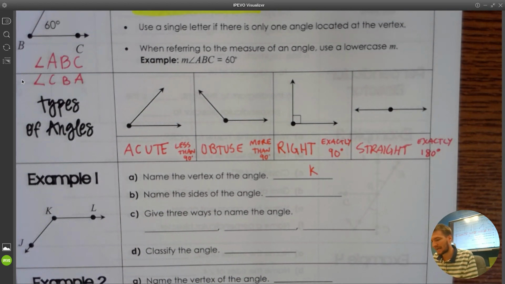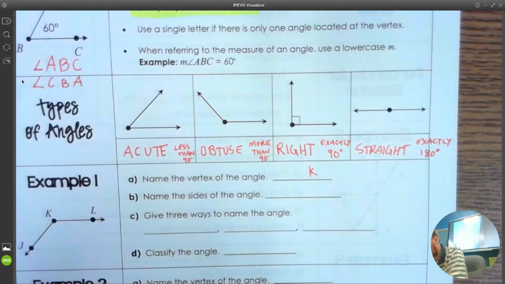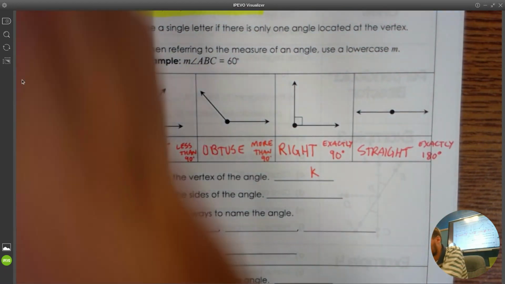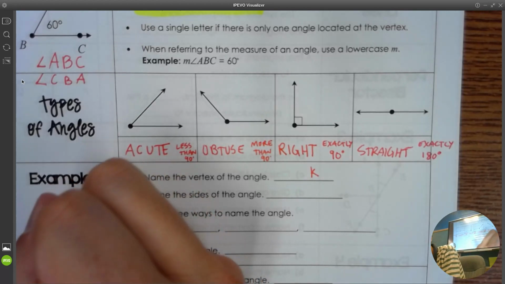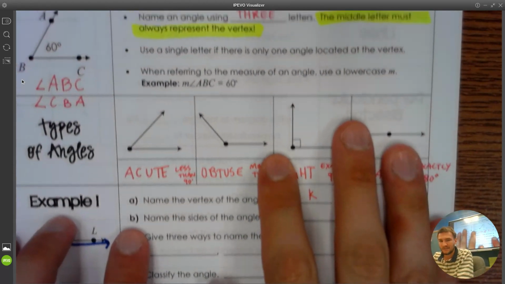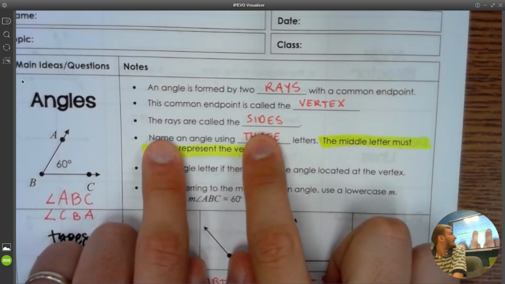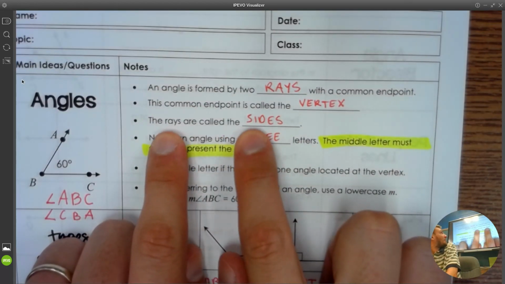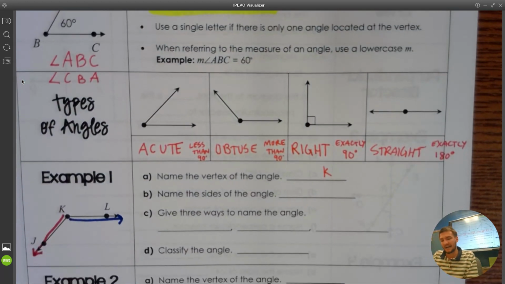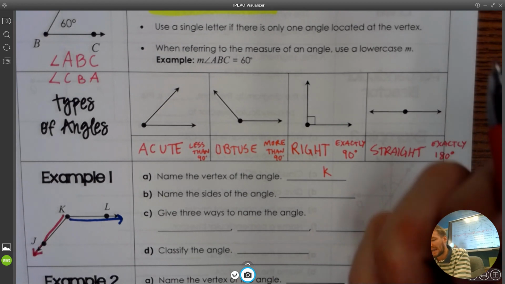We're talking about the sides, like this one, which I've got in blue, and this one, which I've got in red. But let's be clear: at the top, it says that the rays are called sides. So if we're going to talk about the sides, we cannot just say L or J. That's not enough. We have to call them by their true ray names.